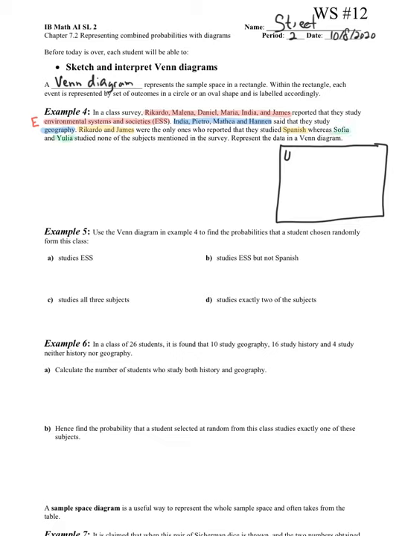So what we're going to do with our Venn diagram, we're going to create some circles here. And this circle will be our E for the environmental stuff, which I'll do with red, so we stick with the color. So red, that was our E circle. We had the blue one, which was our geography.